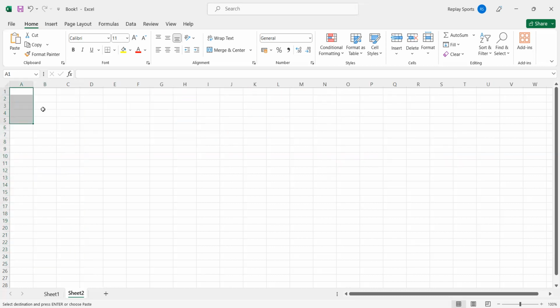Now, if you talk about numerical data, if you have only one column of numerical data, and let's say you have values like 3, 4, let me generate some random number, okay?